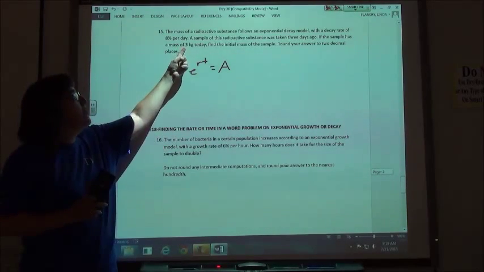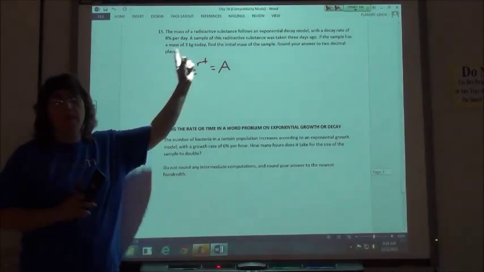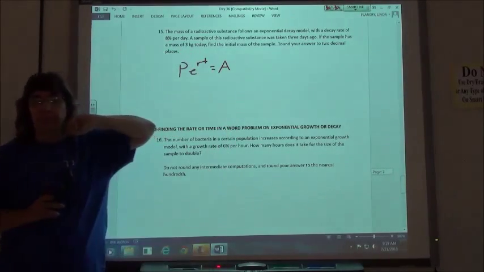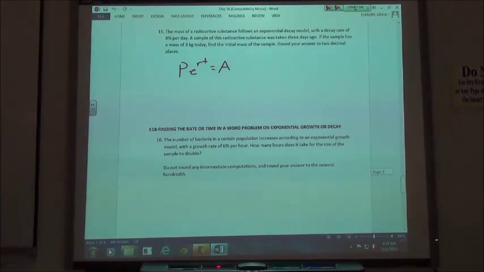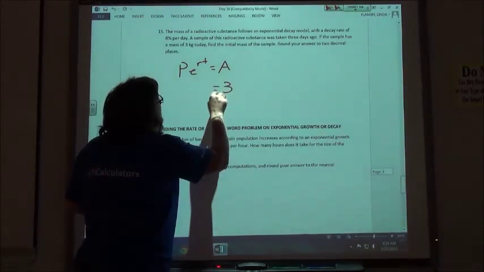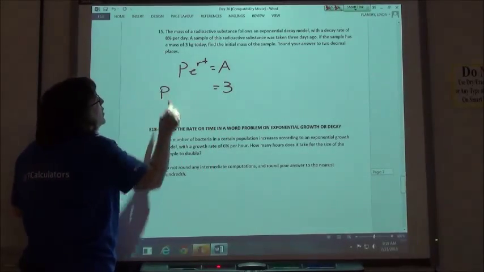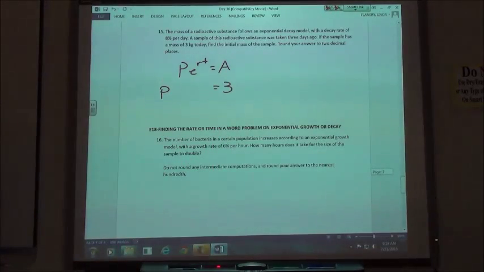Is this 3 kilograms the amount we started with or the amount we ended with? Ended with. So that's going to go over here, right? We're looking for how much we started with, the initial mass.